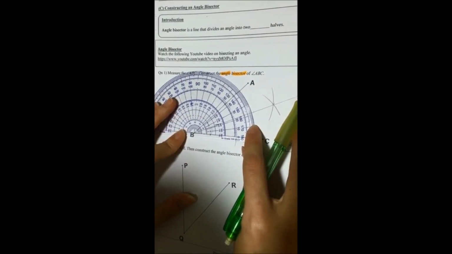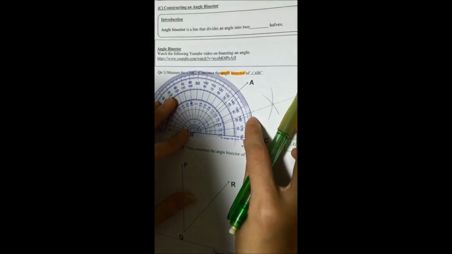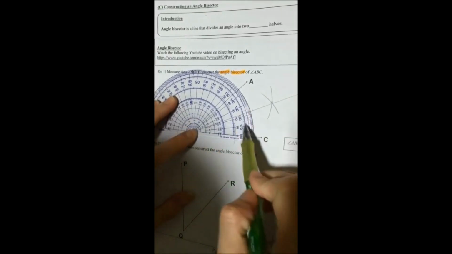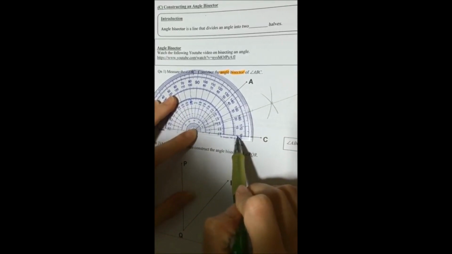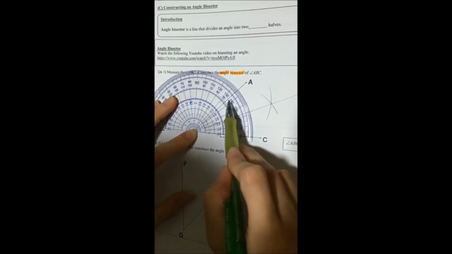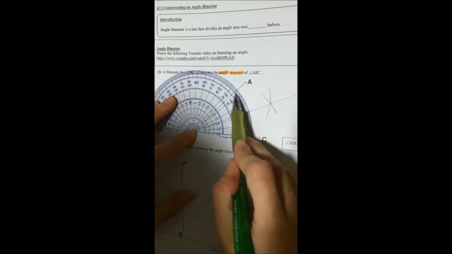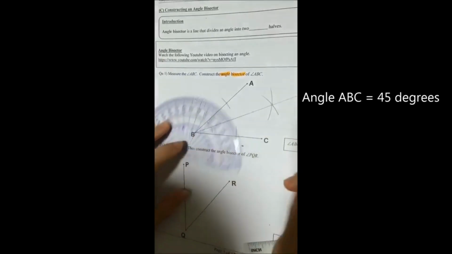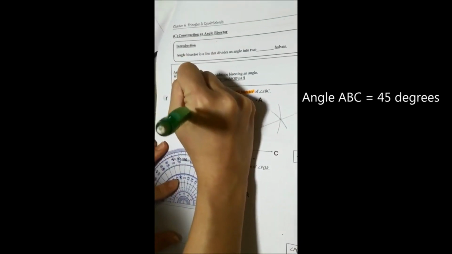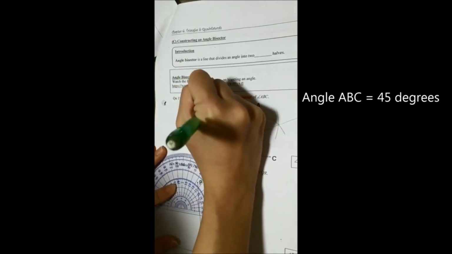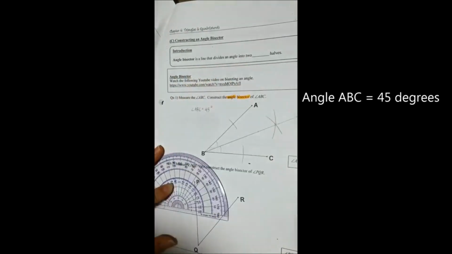ABC is 40, I start reading from here, 0 all the way up. So it's about 45 degrees. So angle ABC equals 45 degrees.